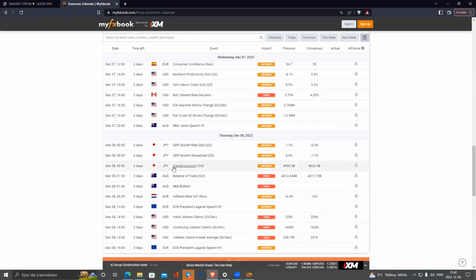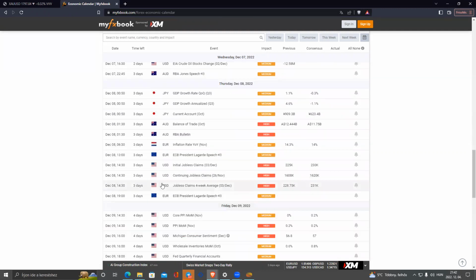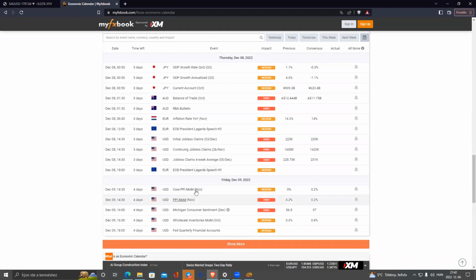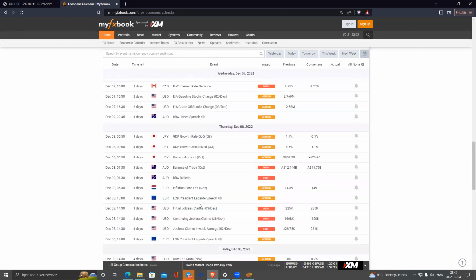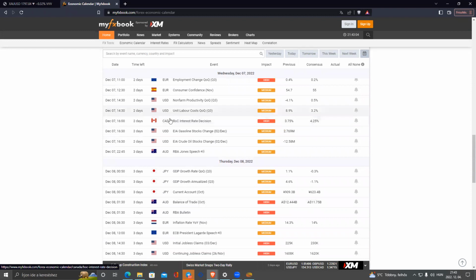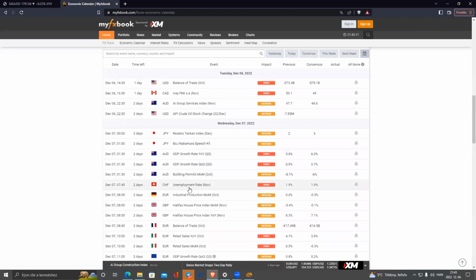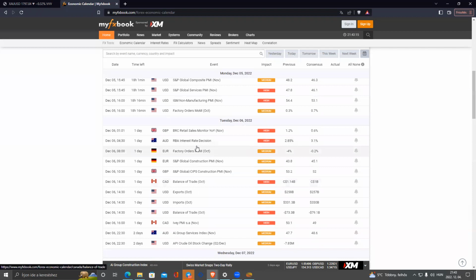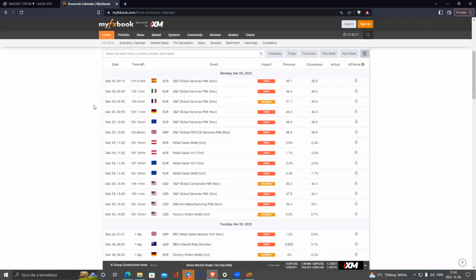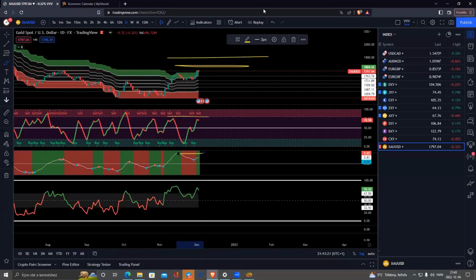I don't see much on JPY actually. And the Friday PPI. Okay, there is some interesting news for next week, lots of interest rate decisions. What I'm looking for is the unemployment rate from the CHF, but that's it actually. Okay.